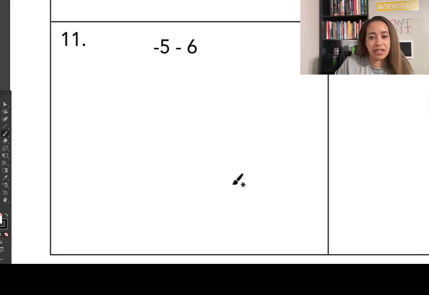Here is number 11. We see subtraction, so we say keep, change, change. We keep the negative 5, change from a minus to a plus, and change from a positive 6 to a negative 6. So now that we're looking at our addition problem, we ask ourselves about the signs, and we again see same signs.